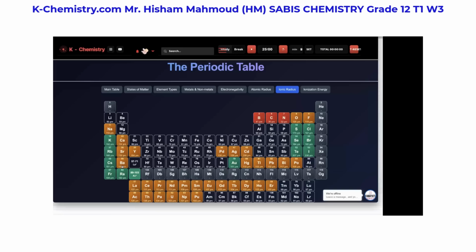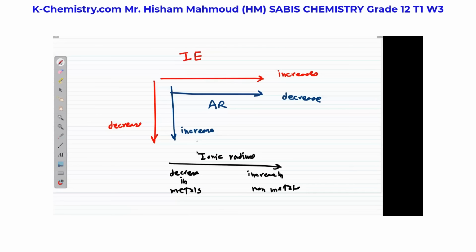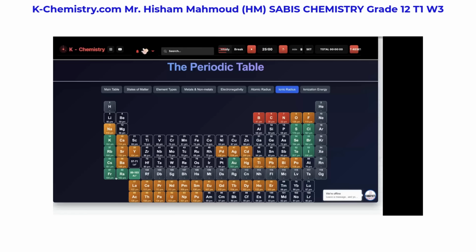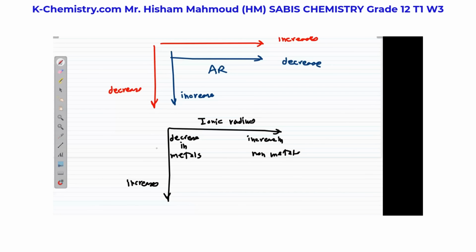While when you go down, the ionic radius is going to increase. So generally it's going to increase either in the metals or in non-metals. So when you go down, it becomes similar to the ionization energies. Very important. So it increases down the group.